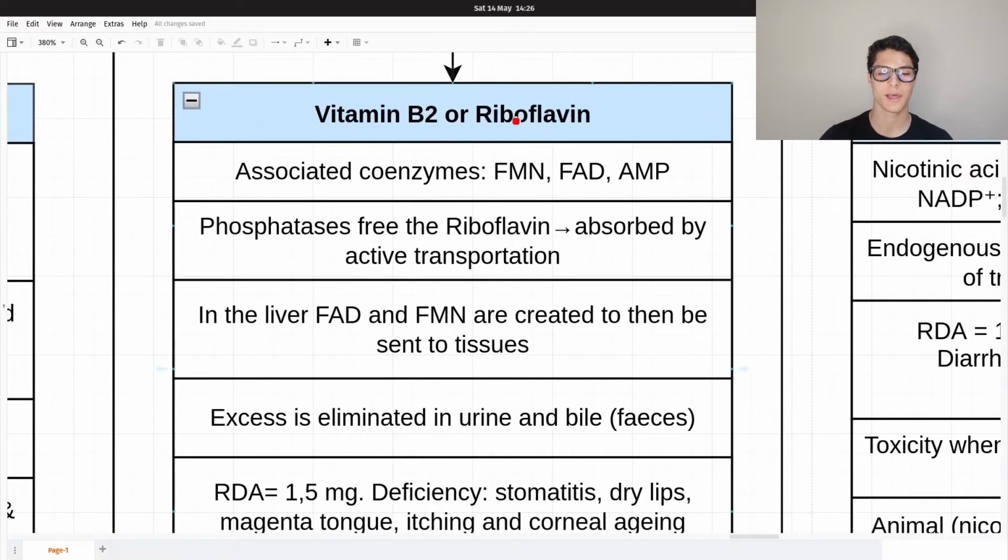Vitamin B2 or riboflavin is associated with coenzyme flavin mononucleotide, FAD, and AMP. Flavin mononucleotide is part of the electron transport chain, and FAD and AMP are involved in the metabolism as well. Phosphatases free the riboflavin, and the riboflavin is absorbed by active transportation.